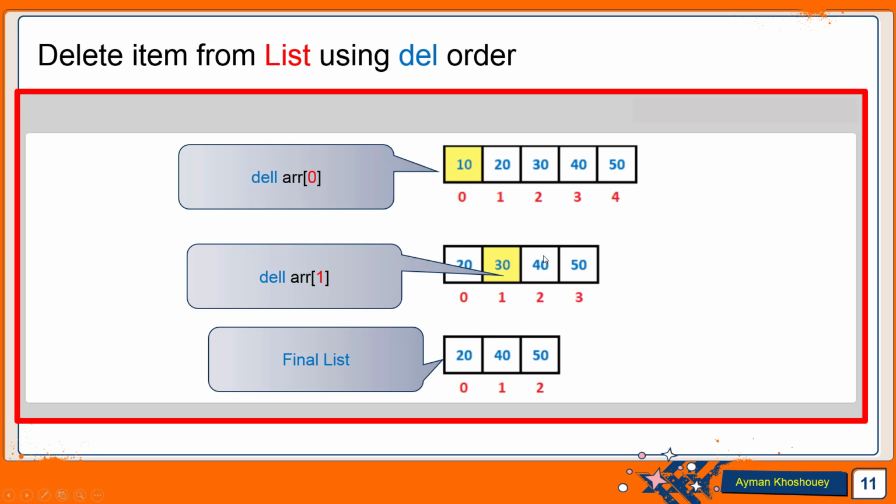If you del array 1, which has index 1 in the new list, you will remove 30, and it will be 20, 40, 50. This is the final list. The index changes every time, from 0, 1, 2, 3, 4 to 0, 1, 2, 3, and in the last one the index changed to 0, 1, 2.